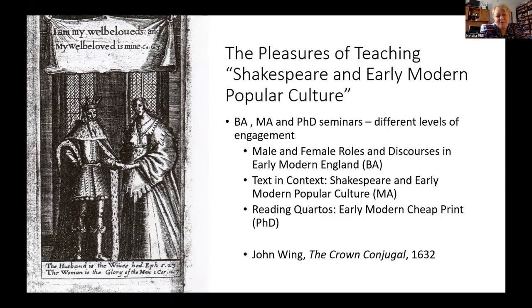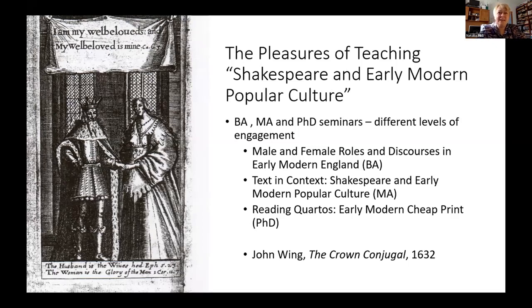And when I have the chance to work with PhD students, we go deeper into early modern popular culture even more. That is, we talk about how cheap print influenced cultural life in London, what the stationers, the producers of cheap print, meant, and how cheap print products from quartos, octavos, duodecimos were produced as opposed to folios.